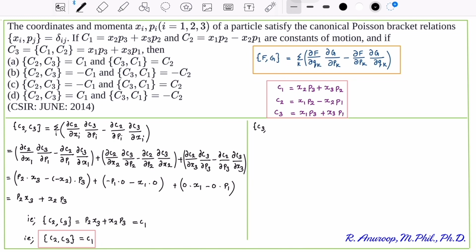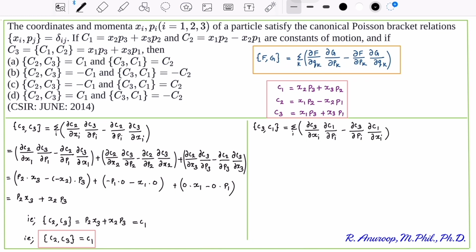The Poisson bracket of c3 and c1 is sum over i, dou c3 by dou xi, dou c1 by dou pi, minus dou c3 by dou pi, dou c1 by dou xi. Now let us expand the terms.